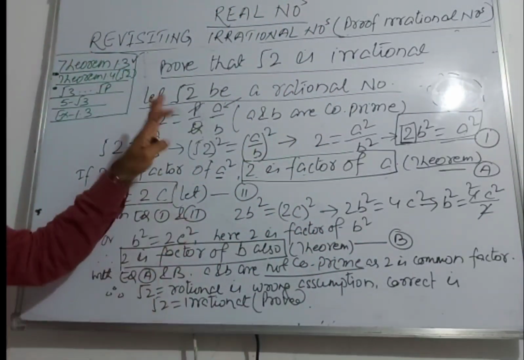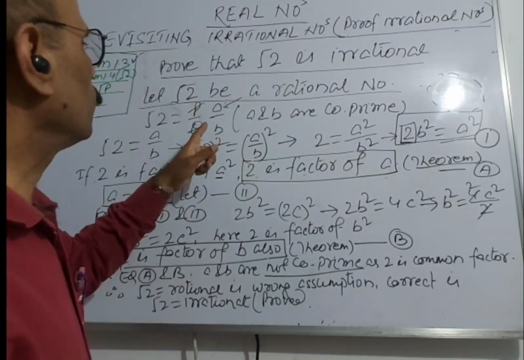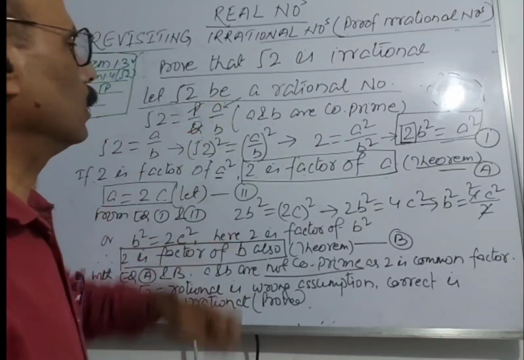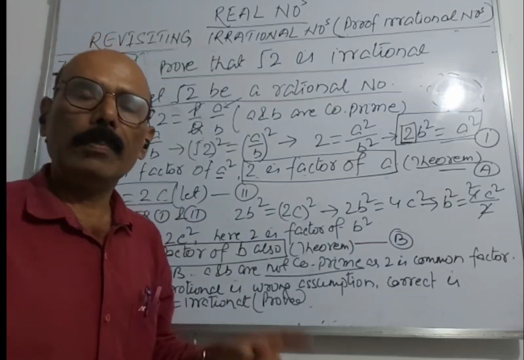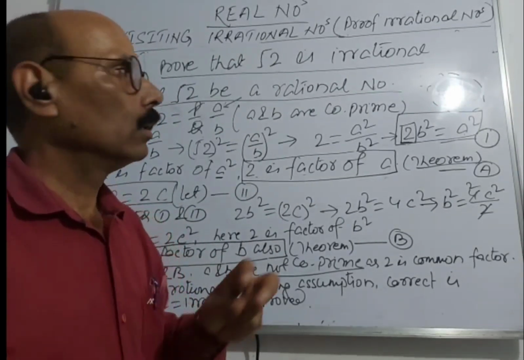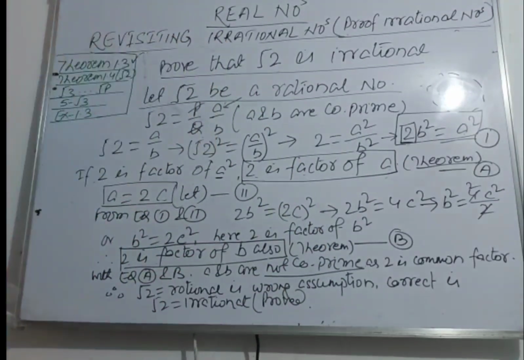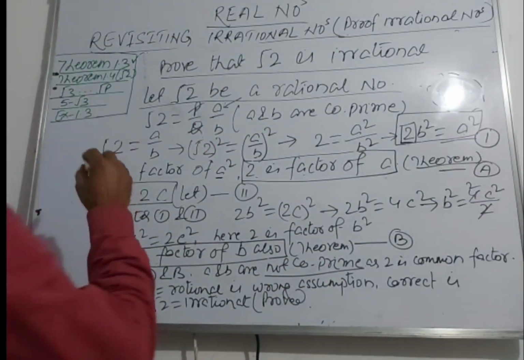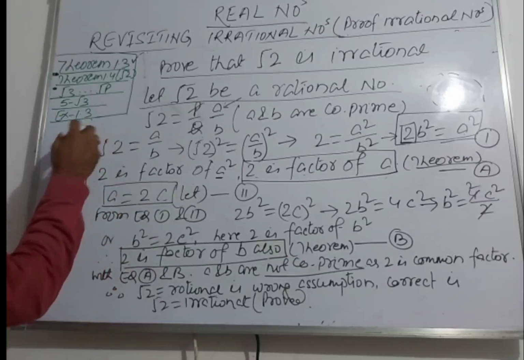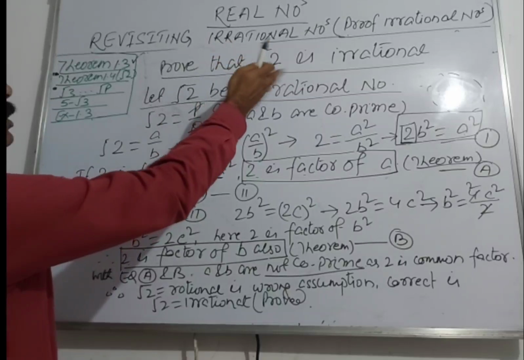See, this is the way we can prove that any prime number under root is irrational. Suppose, in place of root 2, you want to prove that root 3 is irrational.